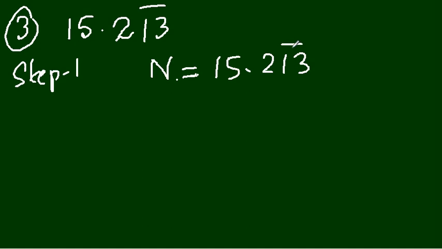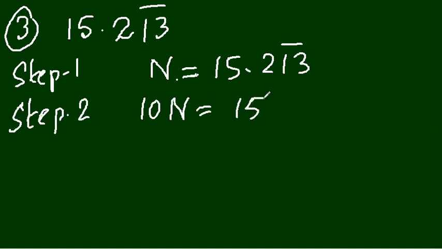And if you use a little bit of math, you can do that by multiplying n with 10. So my step 2 will be, I multiply both the sides with 10 to get 152.13 bar.